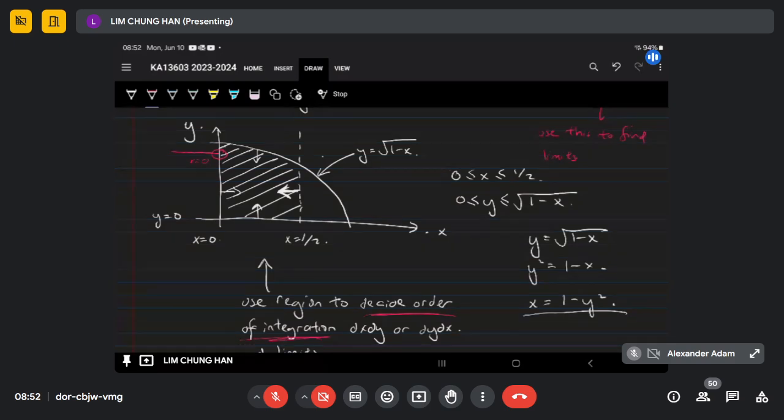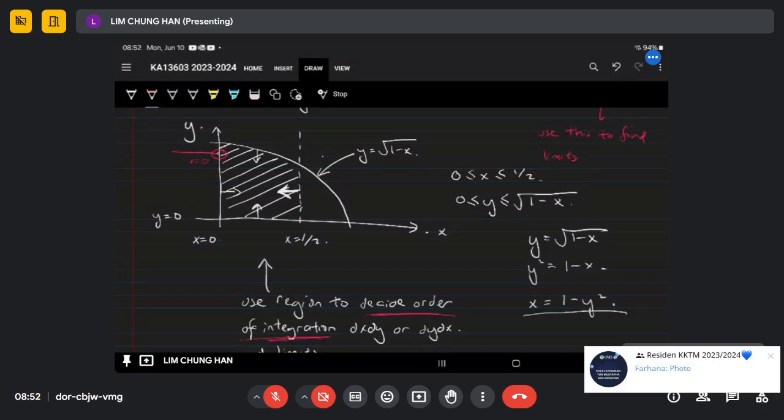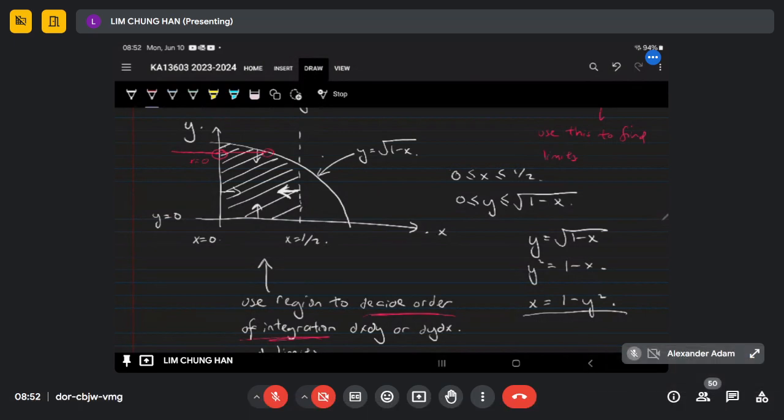So I keep going. I hit x equals 0 first. Then I keep going, and then I hit what line? Someone else? What line is that? Yeah, the y line.